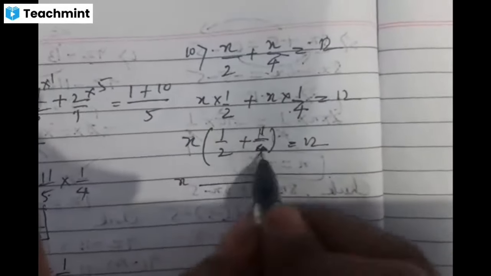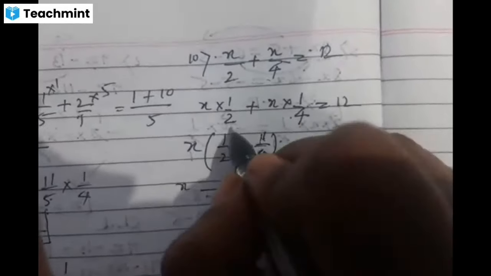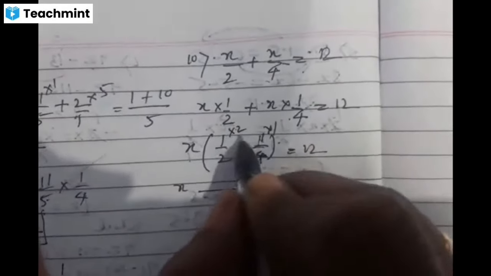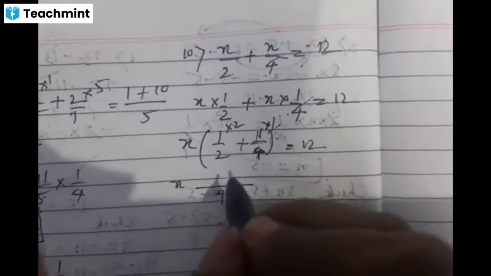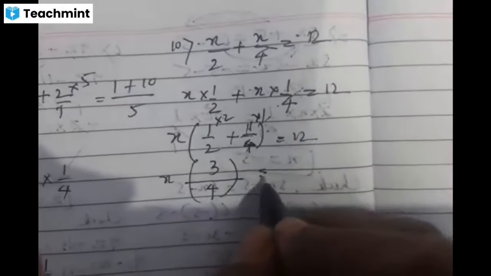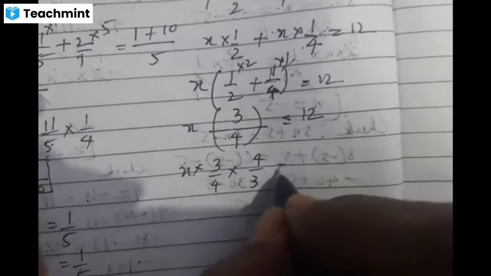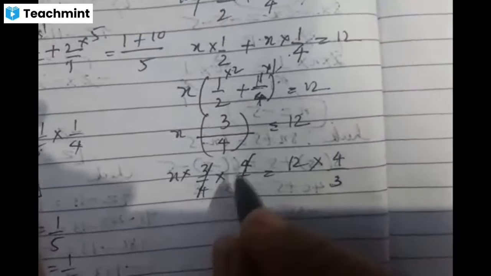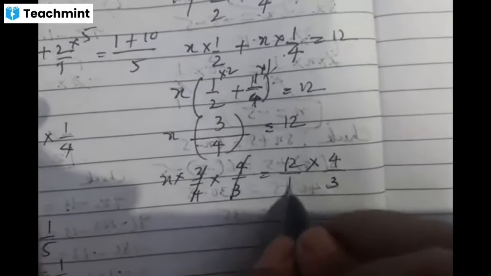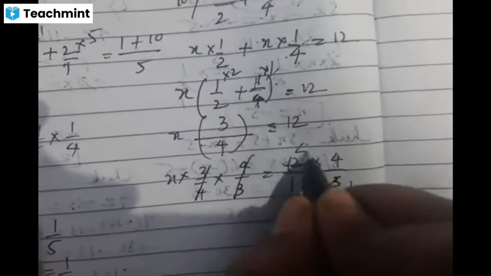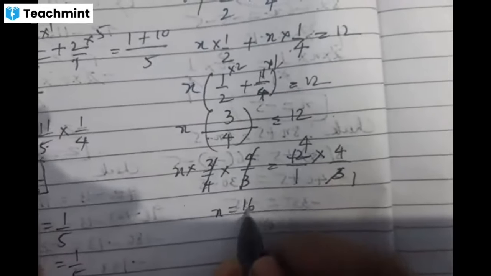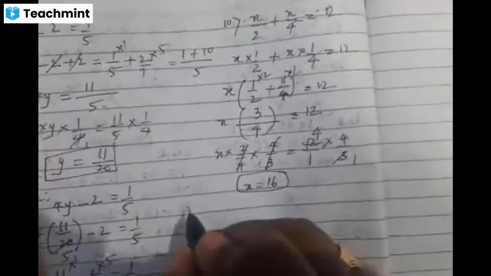When there are different denominators, make it common by taking the LCM. 2 ones are 2 plus 1 ones are 1. 2 plus 1 is 3. 3 by 4 is equal to 12. Now I have to remove this 3 by 4, so I have to multiply by 4 by 3: x is equal to 12 into 4 by 3. Again, 3 by 4 and 4 by 3 get cancelled. Here on the right hand side, 3 ones are 3, 3 fours are 12. X value is 4 fours are 16.